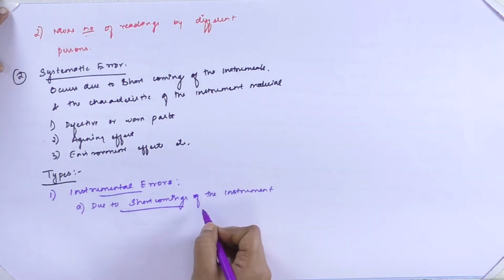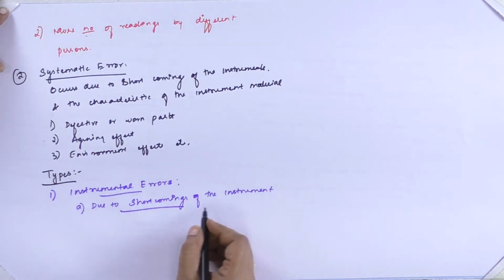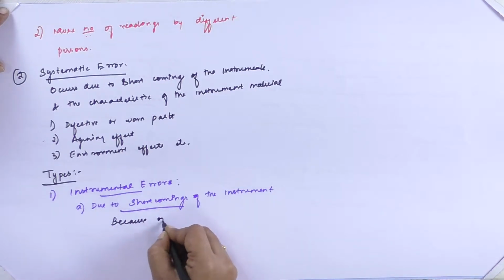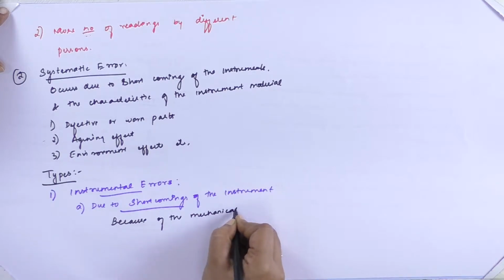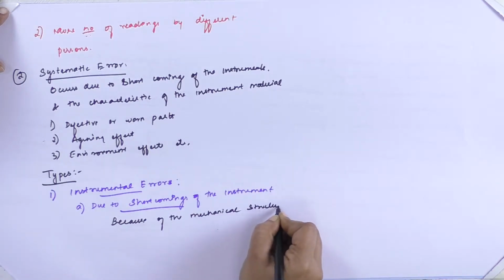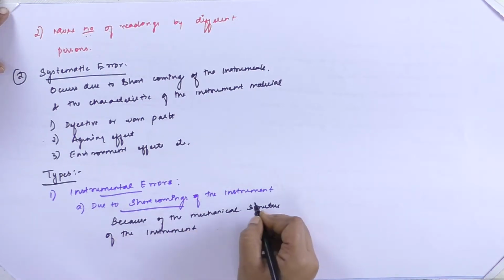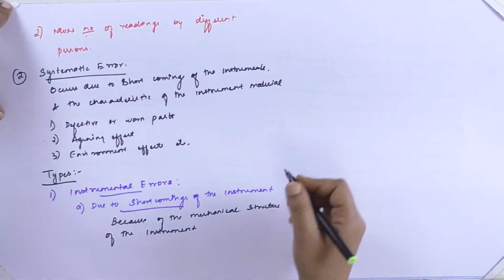What is the reason for the shortcoming of this instrument? This shortcoming occurs because of the mechanical structure of the instrument. Let us see an example for the shortcoming of this instrument.